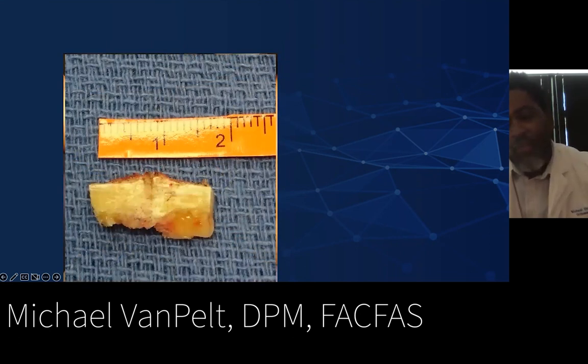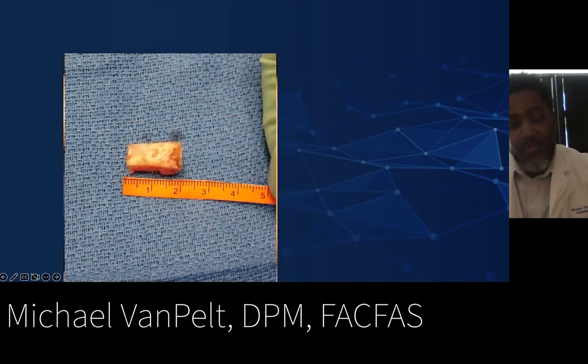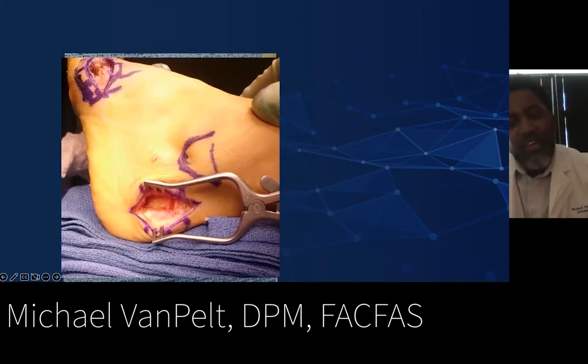So, the reason why I do this is some people will just ream down the canal, drill and ream, which is an option. But if I see cortication at the ends, I want to resect and get nice bleeding bone at the fracture site.